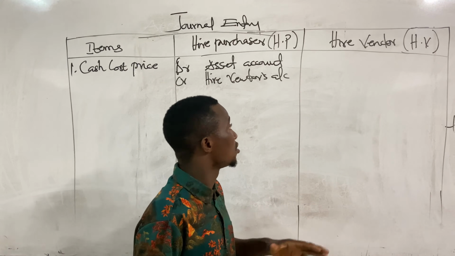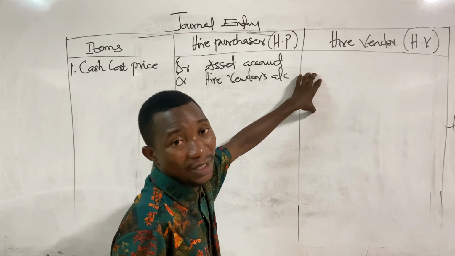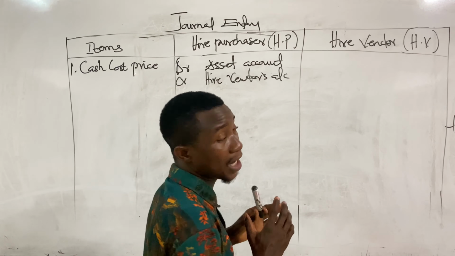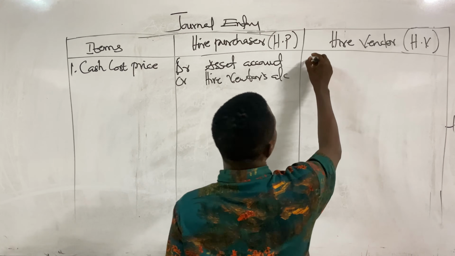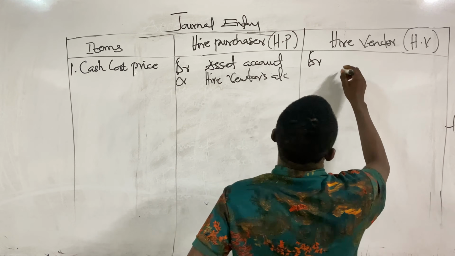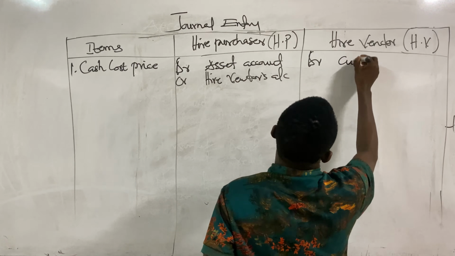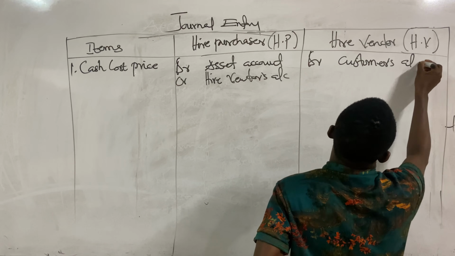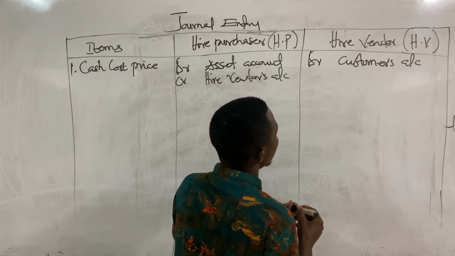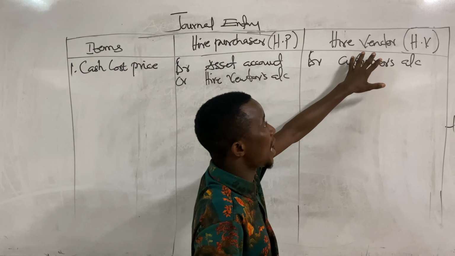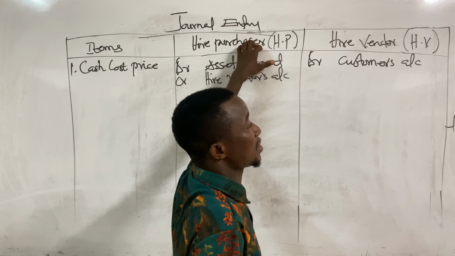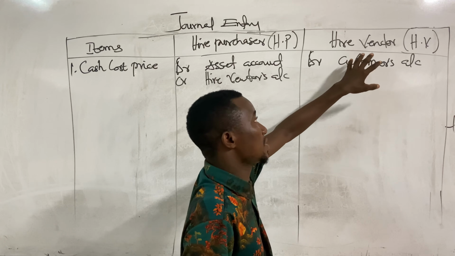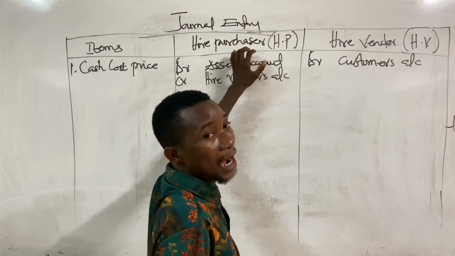So when we come to the book of the hire vendor, the entry is that we will debit the customer's account. The customer's account here, from the perspective of the hire vendor, represents the hire purchaser, because the hire vendor sells the item to the hire purchaser.